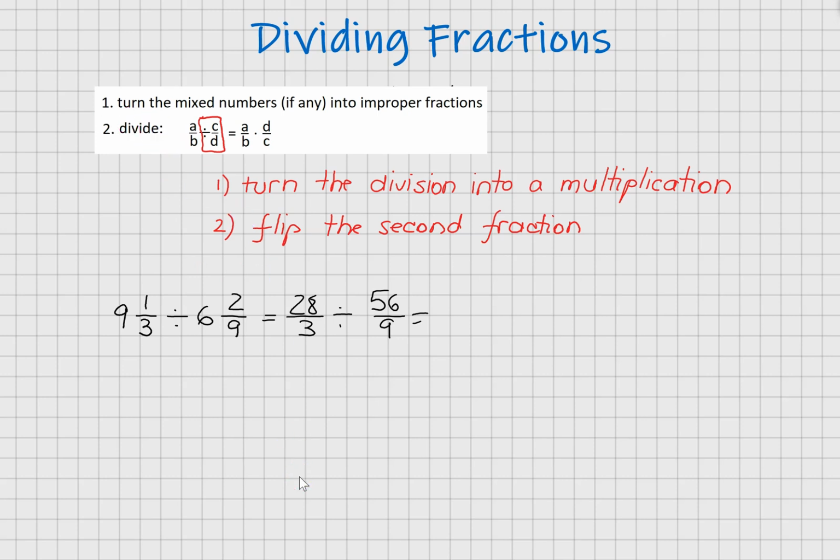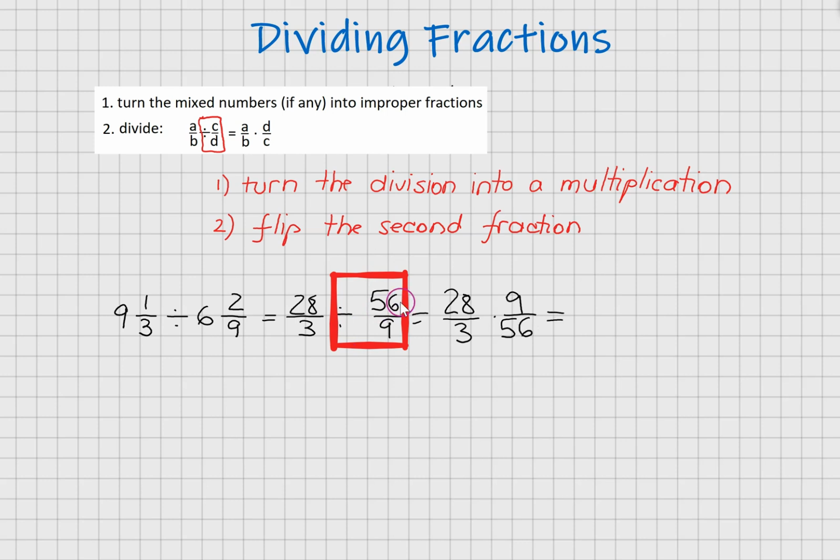Pay attention again to this part in the division. So we're going to turn this into a multiplication, and we're going to flip the second fraction. Two things. So 28 over 3, again, times, and you flip the second fraction, 9 over 56.